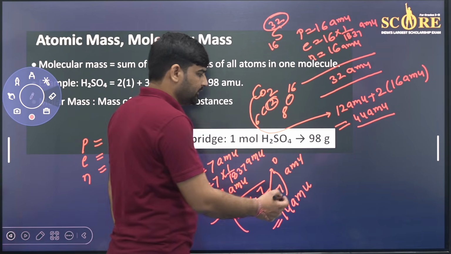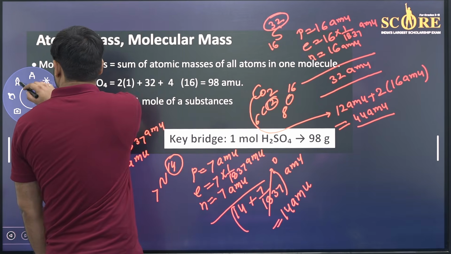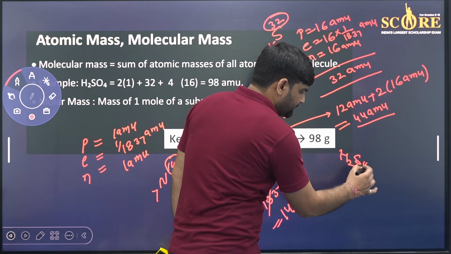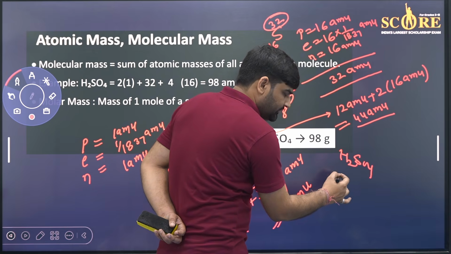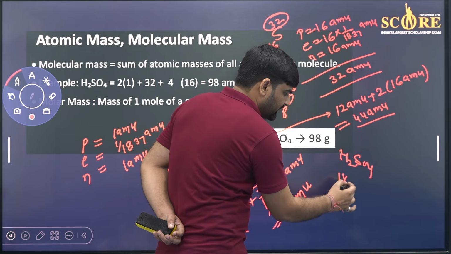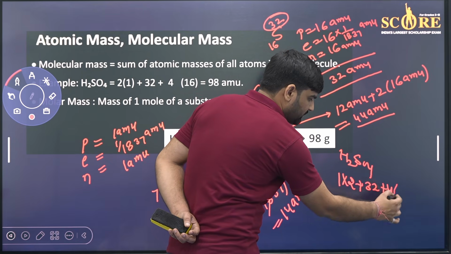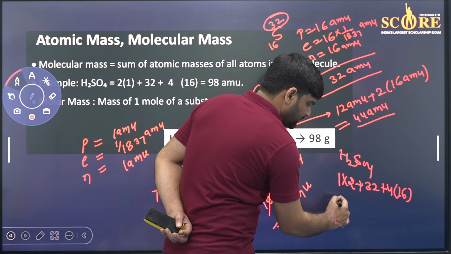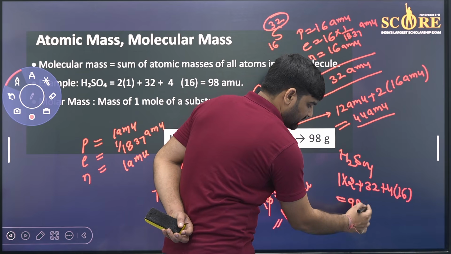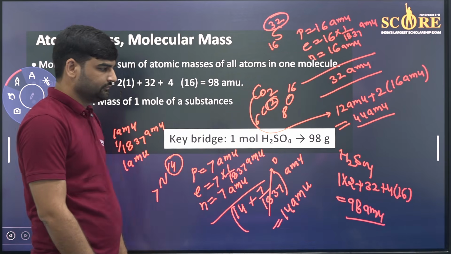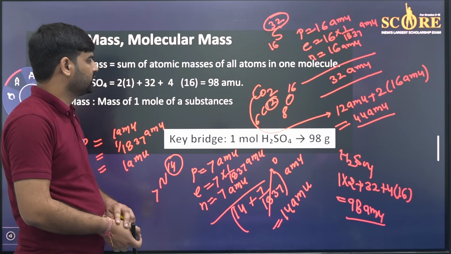Now you can say for H2SO4, hydrogen has 1 amu multiplied by 2, sulfur has 32 amu, plus 4 oxygen, each has 16 amu. Then this will be 98 amu. You can see this is the molecular mass of H2SO4.